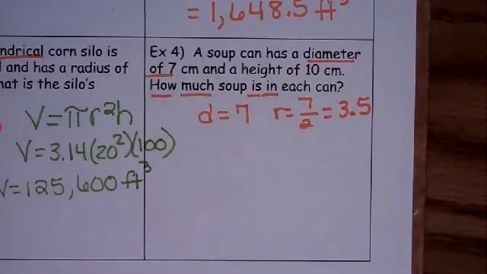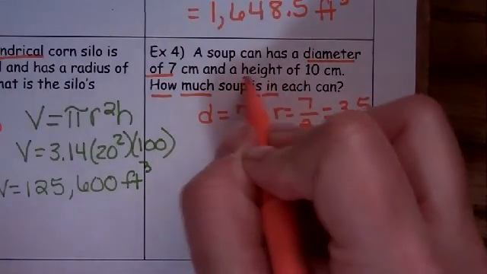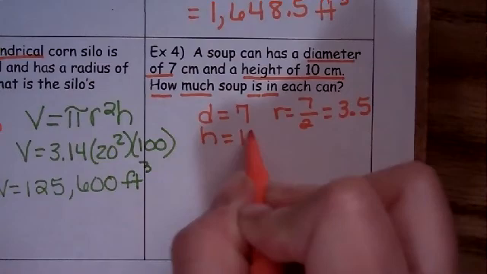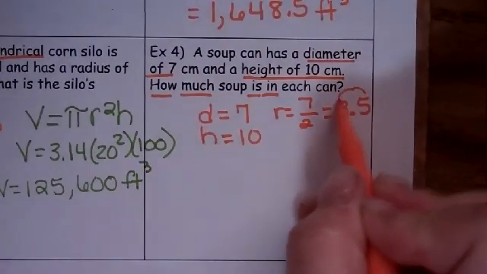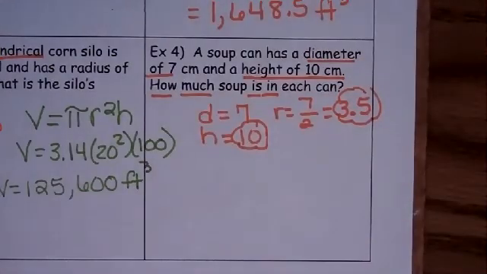Now you can keep it as a fraction if you want to, keep it 7 halves or 3 1/2, but 3.5 is just easier to put in a calculator. So that's why I switch it to decimal. Okay, we're also told right here that we have a height of 10.